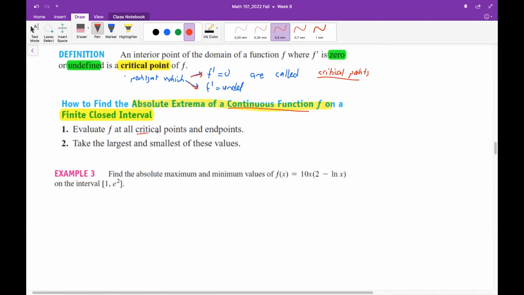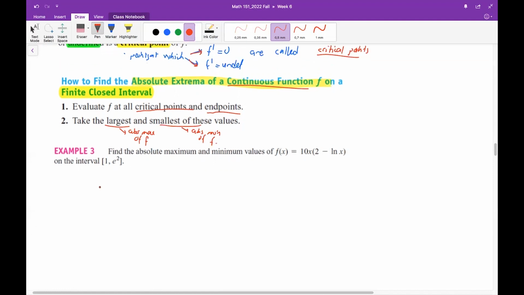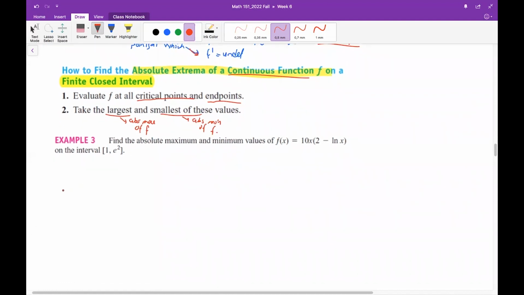First, find the critical points of your function, then make a list of critical points and endpoints. Then evaluate your function at all those critical points and endpoints. You will find the images, and the biggest image will be taken as the absolute maximum value of your function, and the smallest image will be taken as the absolute minimum of your function f. Okay, so let's apply this method to this example.